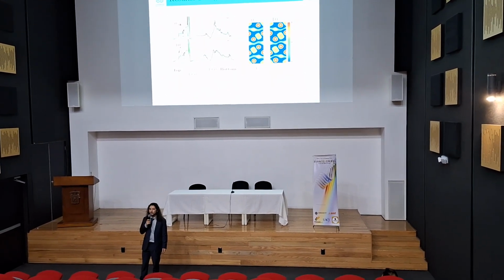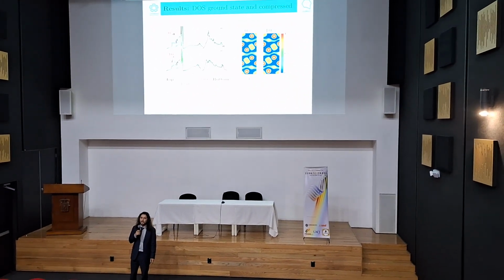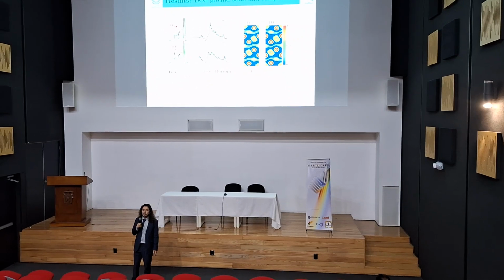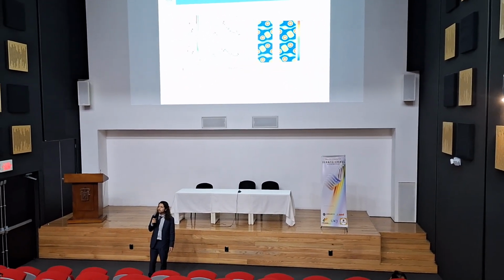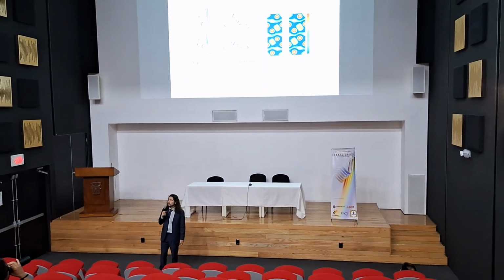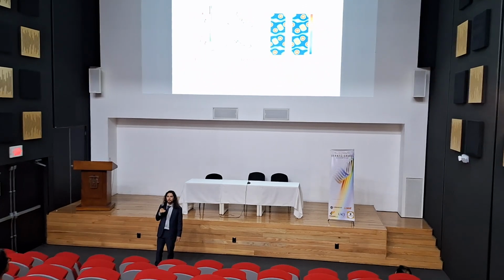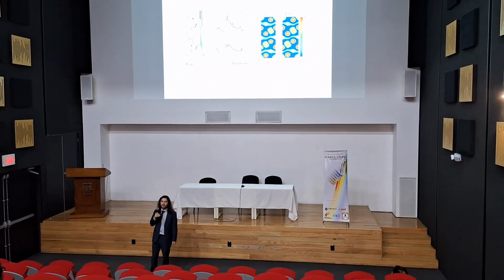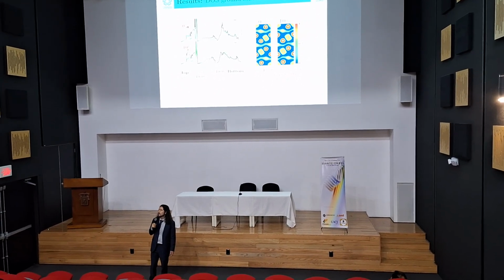So in the density of states, we can see that the value at the Fermi level increases, and there is a narrowing of the energy range around the Fermi energy, which means that the anionic electrons tend to localize.